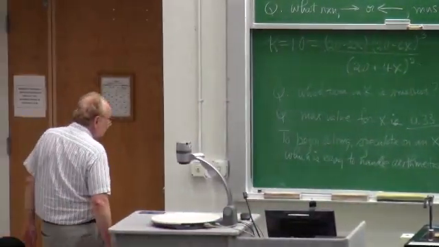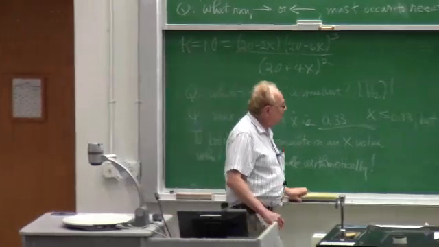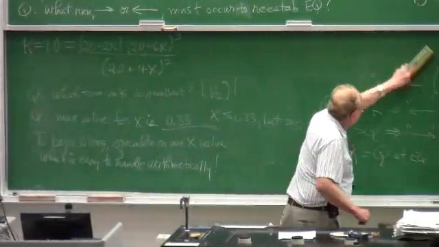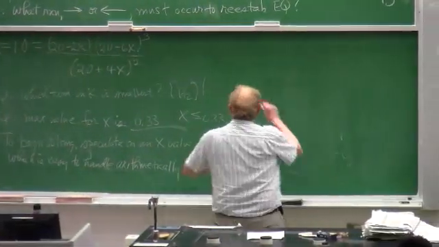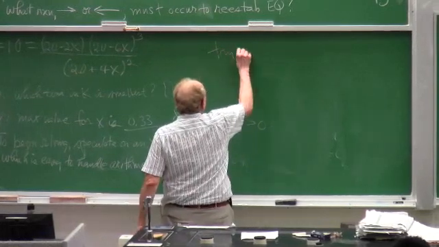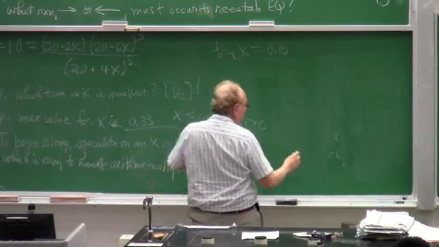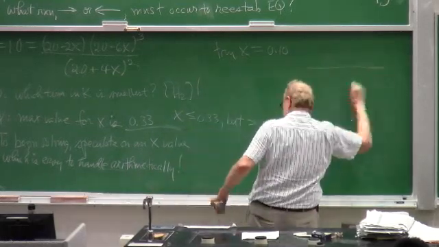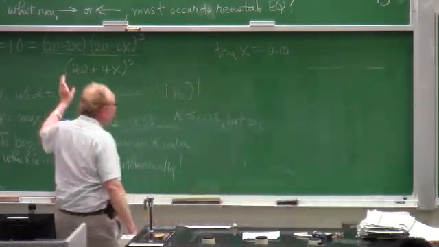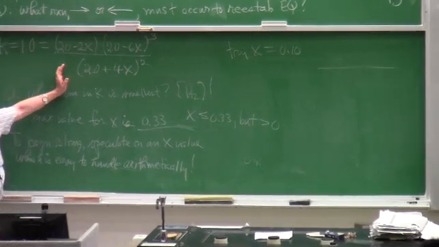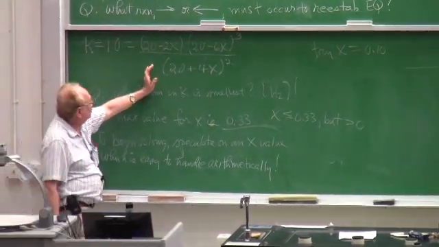All right? So for this, I'm going to write this down. Try x equals this. Now then, what does this term become if I'm trying x at a value of 0.10?